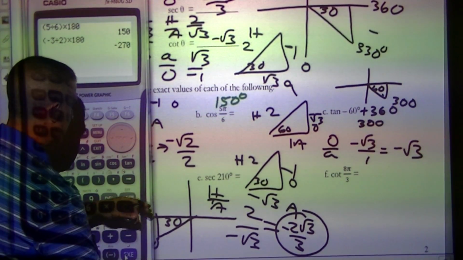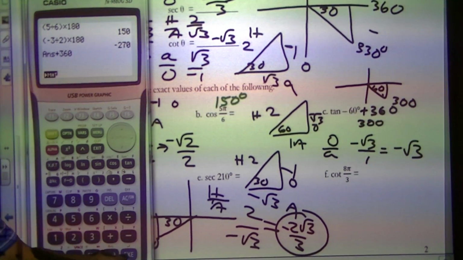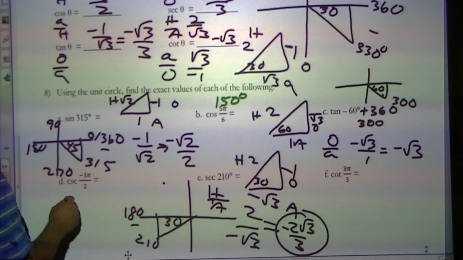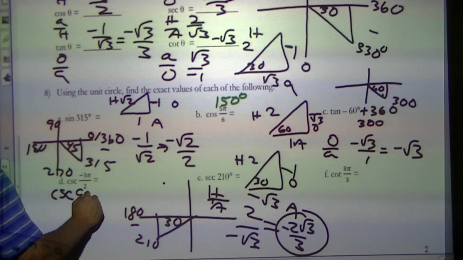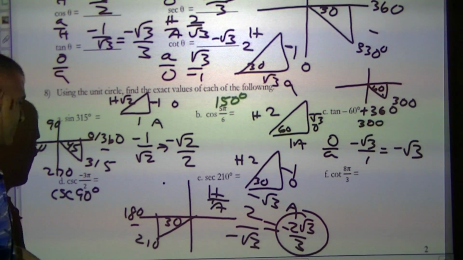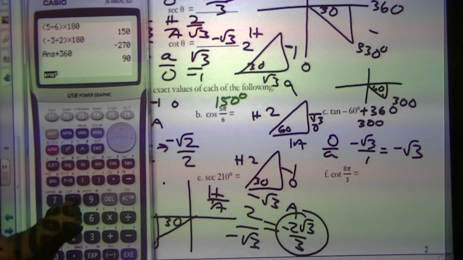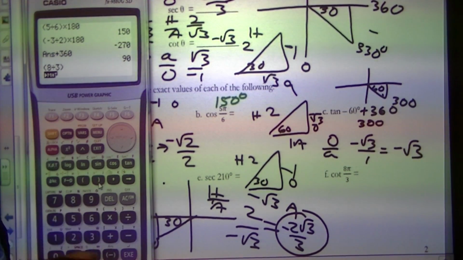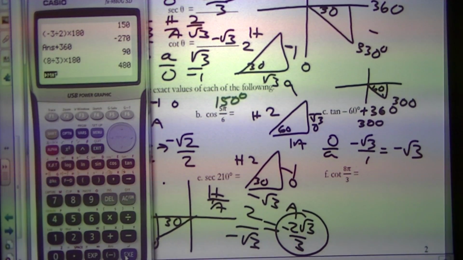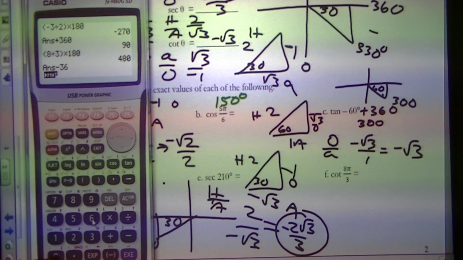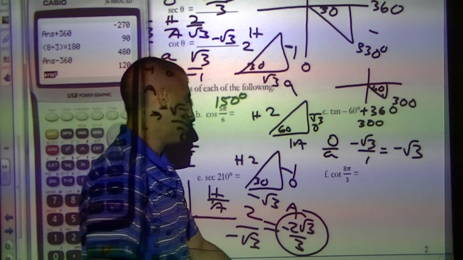That's negative 270. But I want to work with a positive angle, so that's going to be cosecant of 90. And then I'm going to do this cotangent of 8 pi over 3, which is still multiplied by 180. So to go from radians to degrees, you multiply by 180. That's too big, so I subtract 360. So that's really 120 degrees.